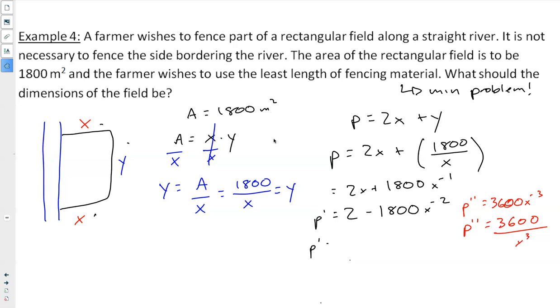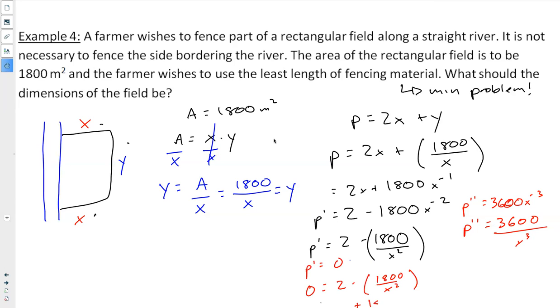So p prime is equal to 2 minus 1800, and this is going to be brackets divided by x squared. So we are solving for when p prime is equal to 0. So 0 is equal to 2 minus 1800 divided by x squared.